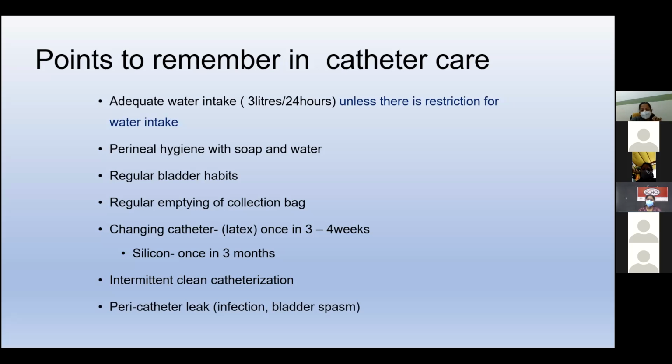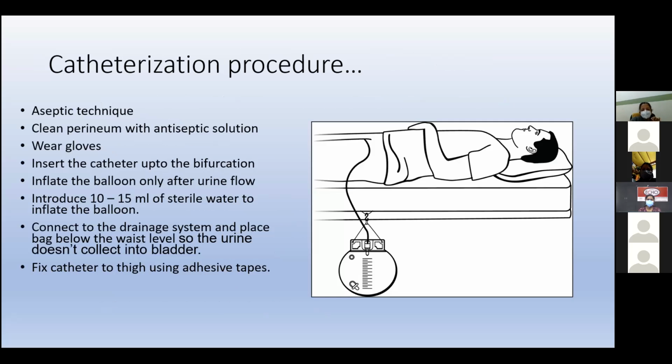Look for any infection, color of the urine, any leakage, right? Wear gloves when doing catheterization or giving catheter care. Regularly, it should not be kinked. Always keep the urobag below the level, right? So that with gravity the urine will be collected easily.